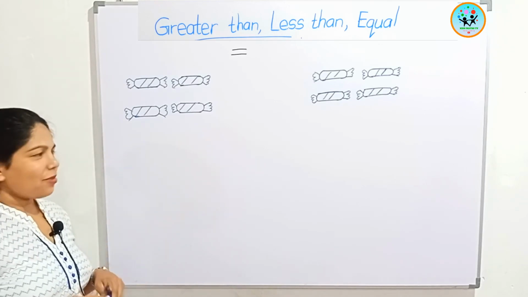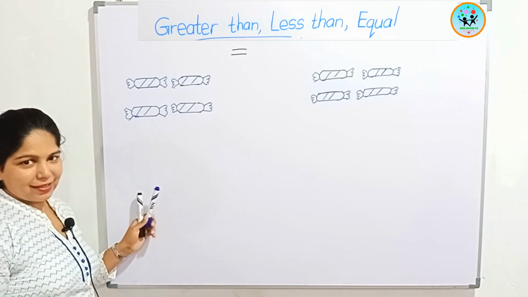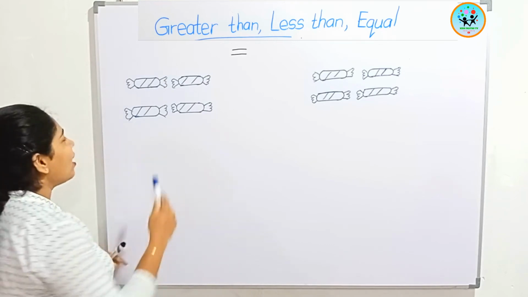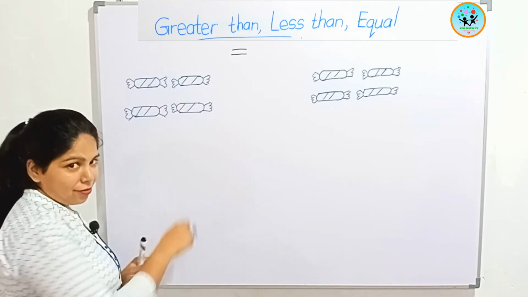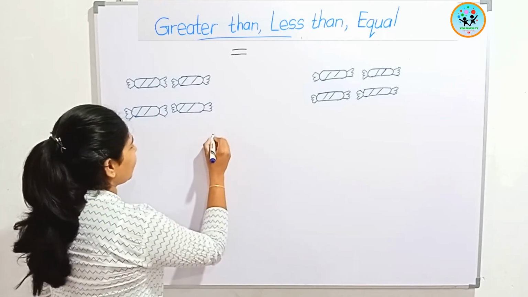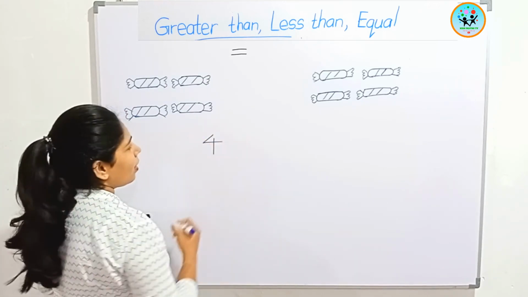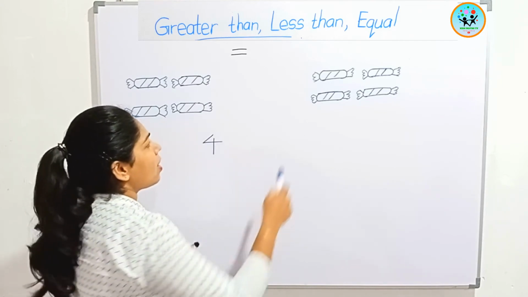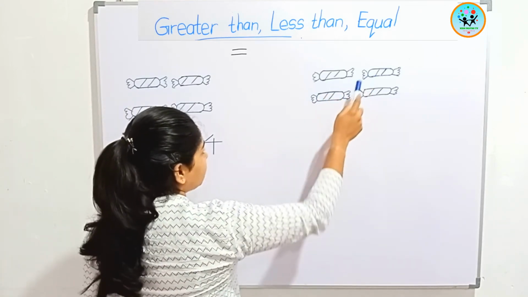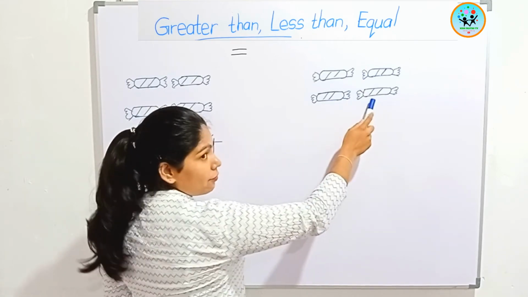Okay, students, first look at left side. Count how many toffees are here. 1, 2, 3, 4. 4 toffees are here. Next, count the toffees on the right side. 1, 2, 3, 4.